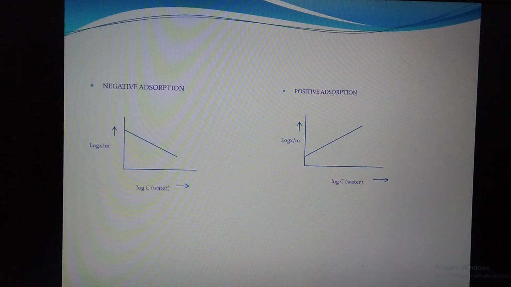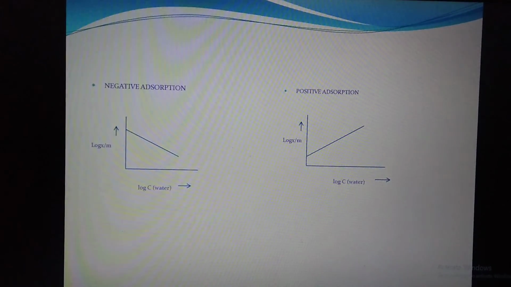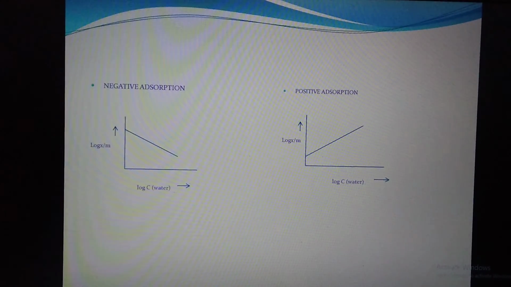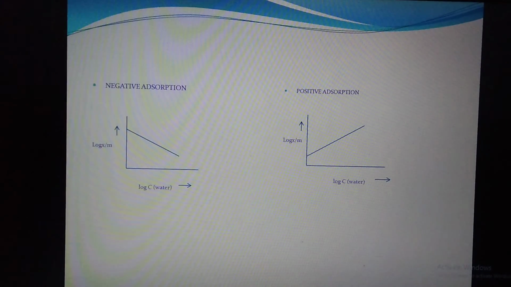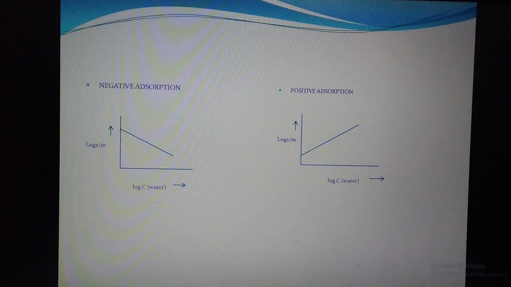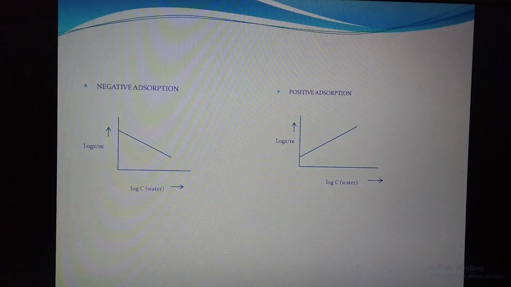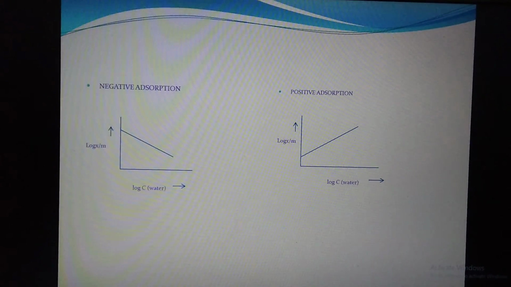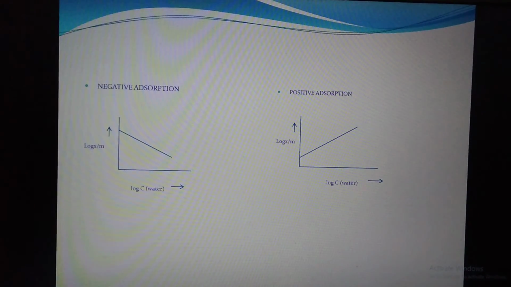In my videos I have been saying Langmuir and Langmuir. If you want to know the exact meaning of that, just watch my upcoming video. You will be able to understand very clearly what is meant by that.